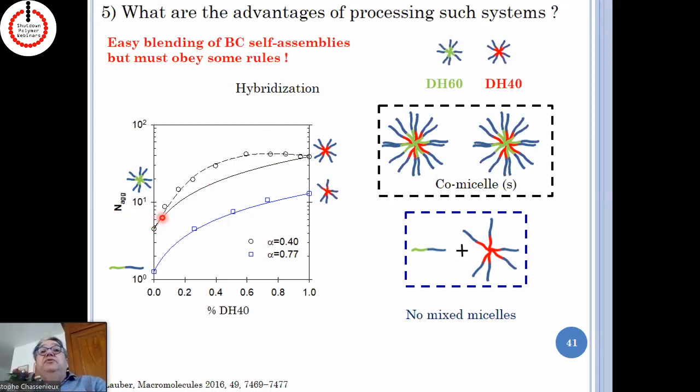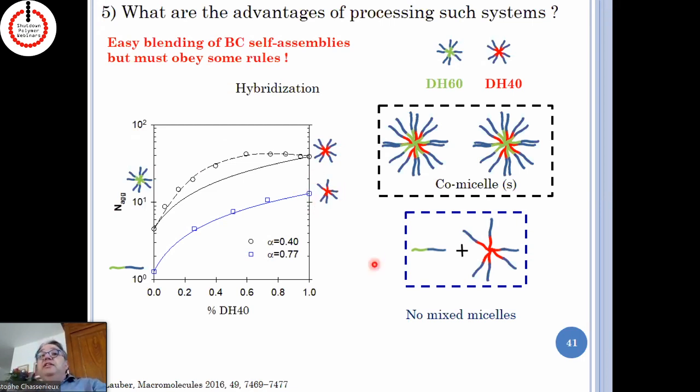If you just had an average between this micelle and this micelle, you should have an aggregation number that varies along this solid line, and actually the mixture does not behave as an average between this and this. So you have mixed micelles.